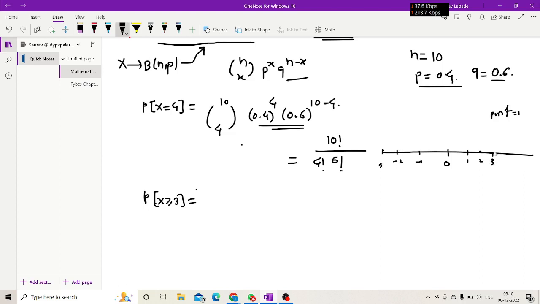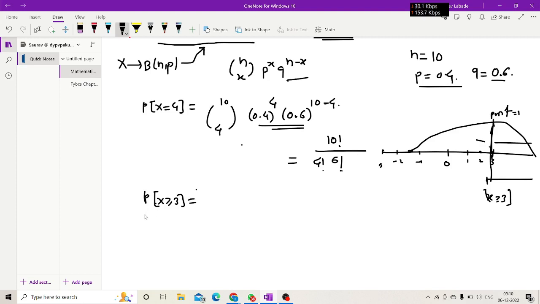I have to find x greater than or equal to 3. That means this. I have to just find this, right? This goes up to infinity. Okay. So x greater than or equal to 3 will be 1 minus this probability. Okay, 1 minus the probability which is less than this.